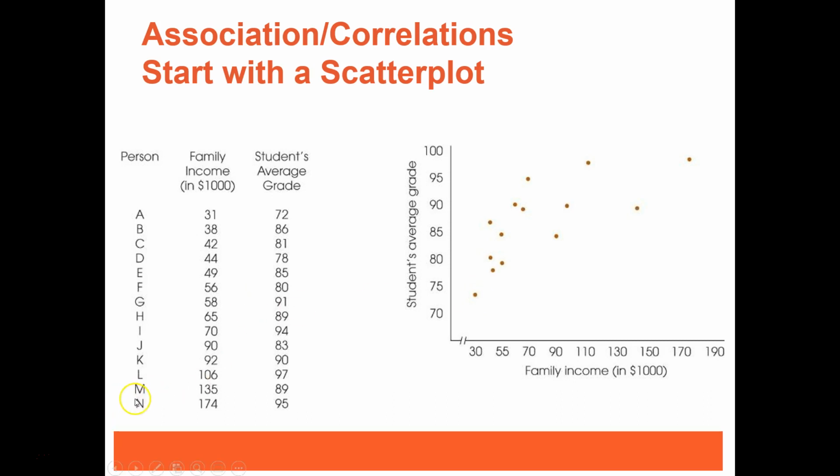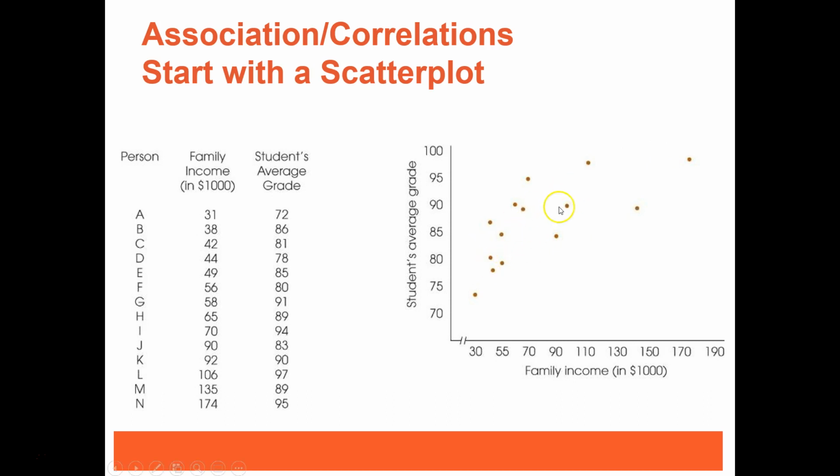And we could go down here to person N. Their family makes $174,000 and their average grade is a 95. That's that person right here. And everybody else is plotted on this scatter plot. And you can look for an association by looking at these dots on this graph. Is there anything that you can see? And we're looking for a pattern.